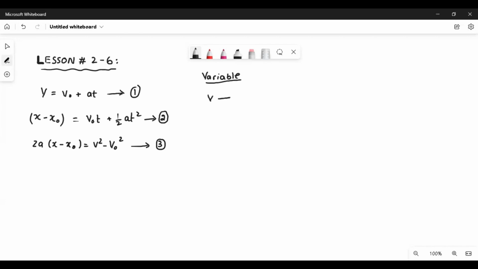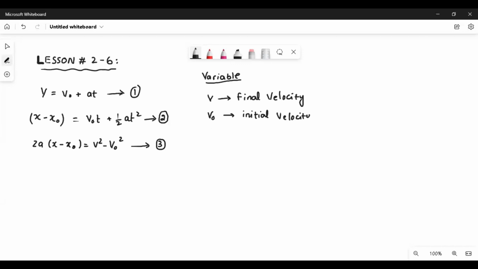What is v equal to? v represents final velocity, final speed, because we are talking about a straight line path, so speed and velocity are the same. The second is v naught, which is initial velocity, the starting one.